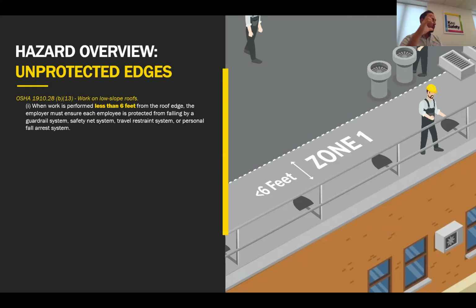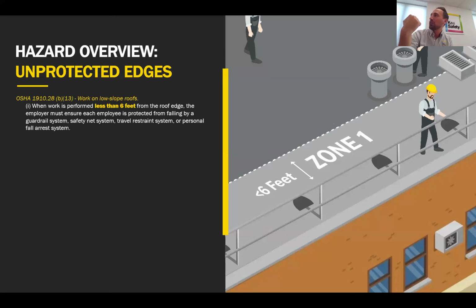That's why this is such a critical area. We're less than 1 body length away from the roof edge. So any misstep could prove to be fatal, which is why the requirements in this zone are so high. The code states that when work is performed less than 6 feet from the edge, the employer must ensure each employee is protected from falling by use of, and now we have options.